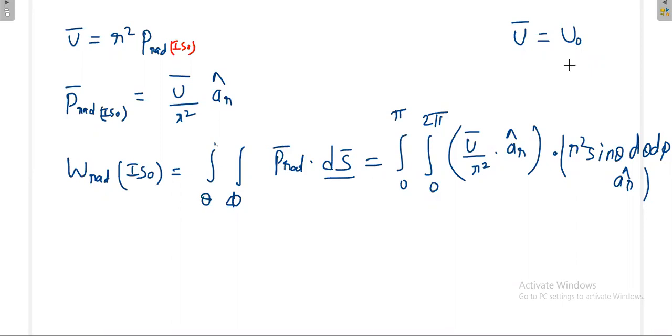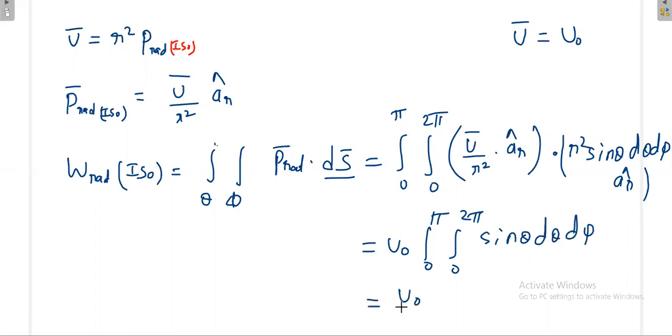Taking U naught outside the integral, with theta from 0 to pi and phi from 0 to 2 pi, r square cancels, and the integral of sine theta gives 4 pi. So W radiated isotropic is equal to U naught times 4 pi.